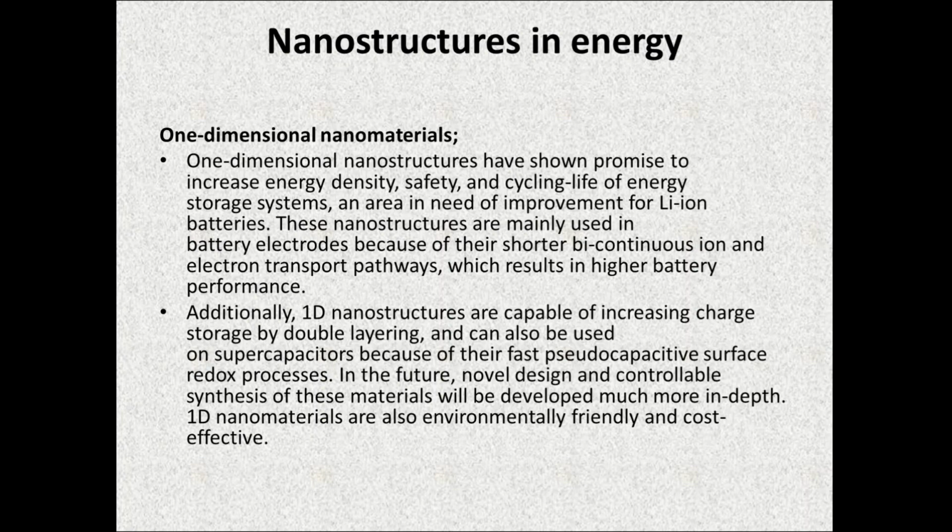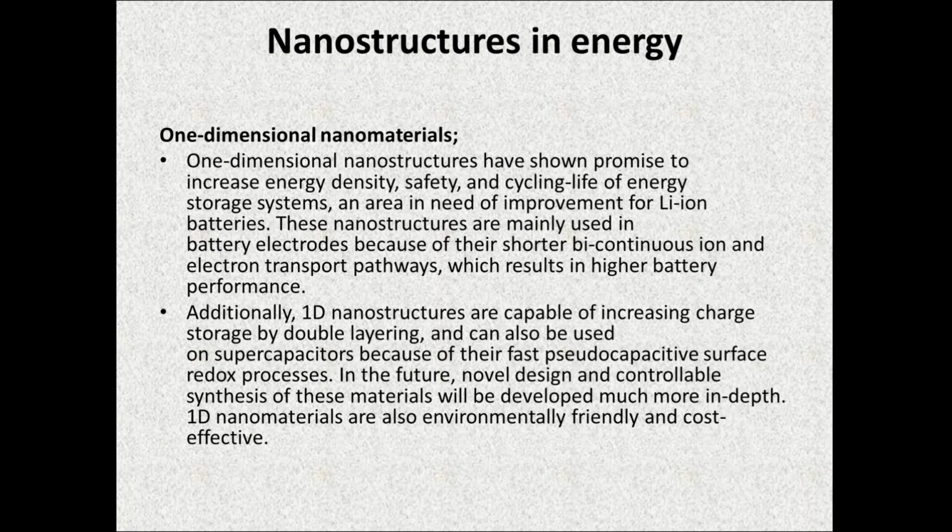Nanostructures in energy. One-dimensional nanomaterials. One-dimensional nanostructures have shown promise to increase energy density, safety, and cycling life of energy storage systems, an area in need of improvement for lithium batteries.